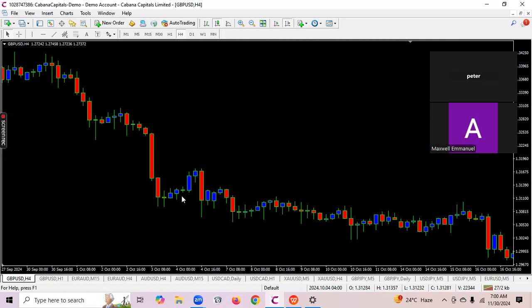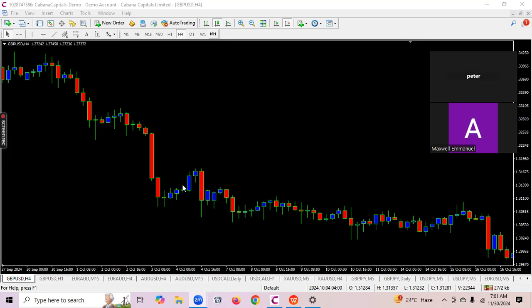We can say during this 4-hour session, neither the buyers nor the sellers had the upper hand. Doji, D-O-J-I. You can see it does not have a body, but a spinning top will have a small body.